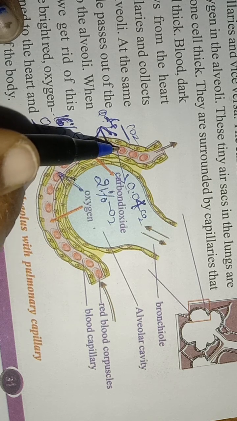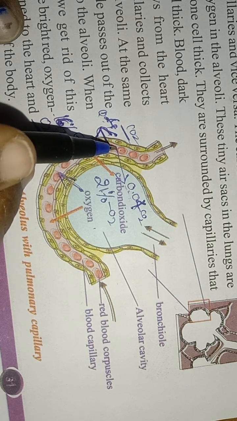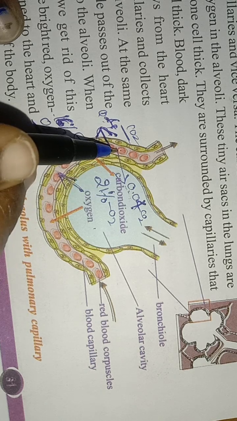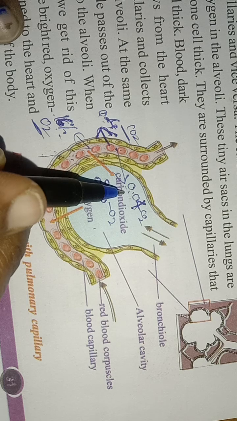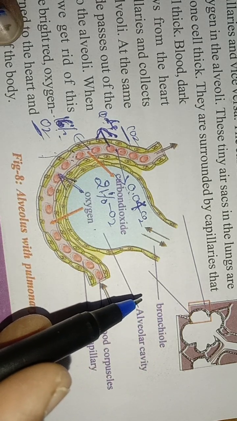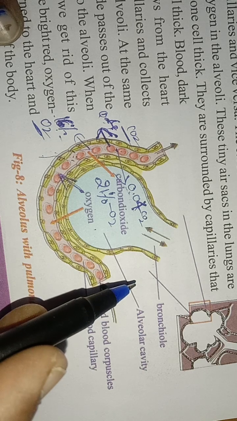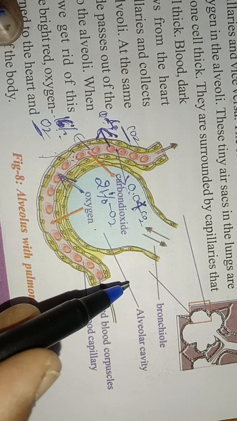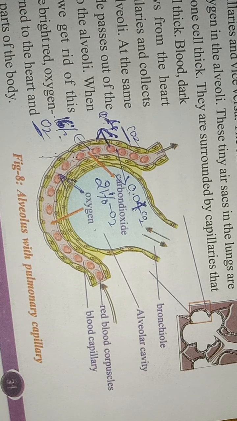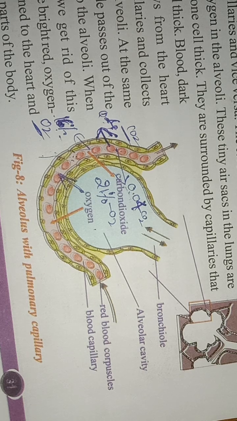It is in the form of bicarbonate in the blood. Whenever it reaches your alveoli, it enters the alveoli, then the bronchioles, bronchus, trachea, larynx, pharynx, then the nasal cavity and nostrils. It takes the reverse path, right? So the main function happens through the process called diffusion only.